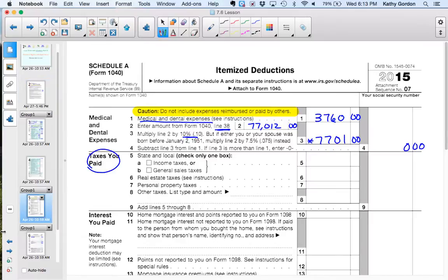So on our Schedule A, we can say yes, we paid income taxes in the amount of $3,096. And we also paid real estate taxes in line 6 in the amount of $3,567.